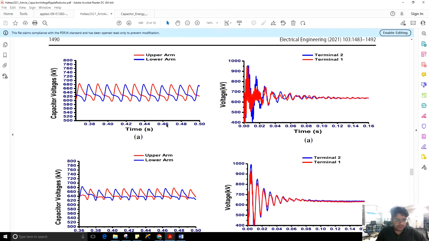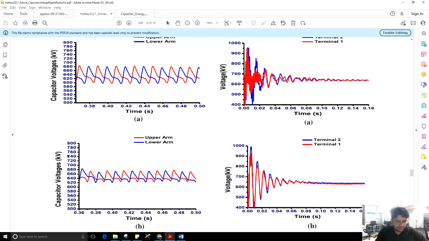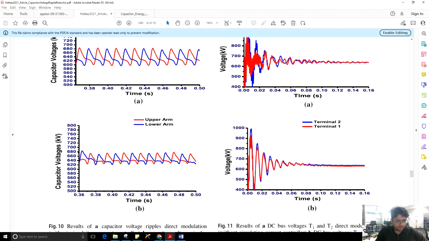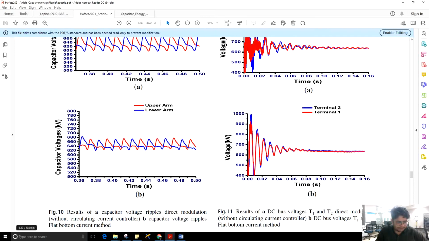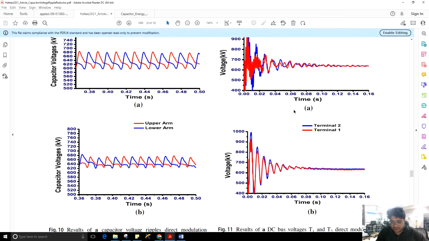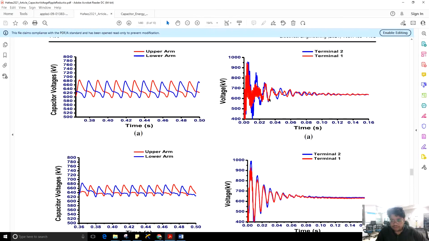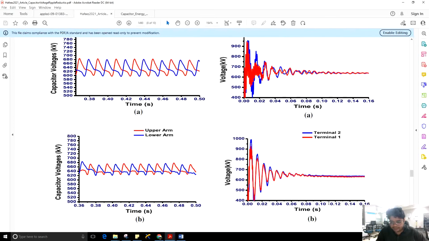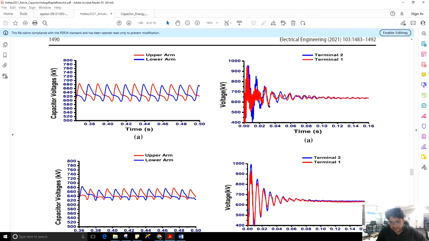And you see, as compared to direct modulation, the proposed flat bottom current method has reduced capacitor voltage ripples. So you see capacitor voltage ripples in the flat bottom current method are reduced, and the oscillations in the DC voltages are also significantly reduced as compared to the direct modulation scheme.